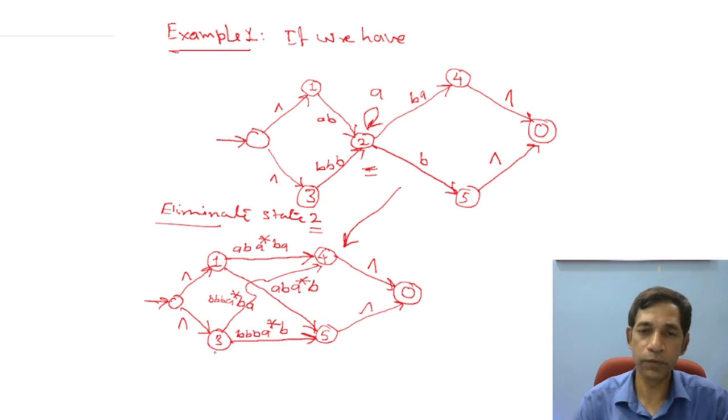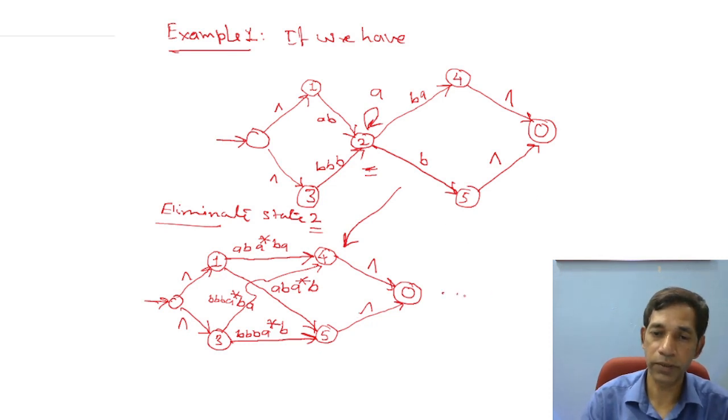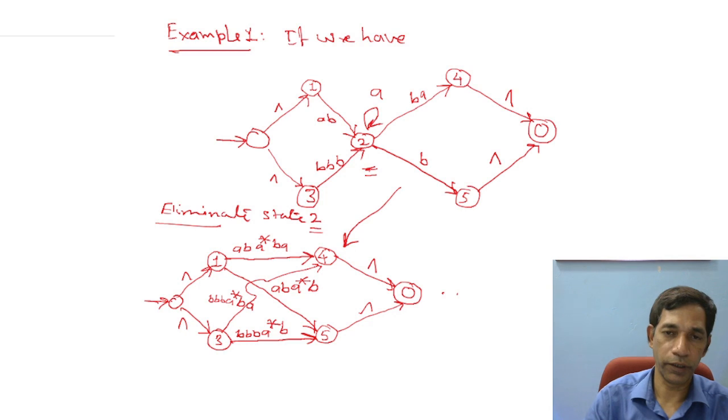Then you are going from 3 to 4, and from 3 to 5 directly, and the rest of the things are as they are. We are not going to change them. So this is the way. If you have this kind of situation, you can eliminate the state.